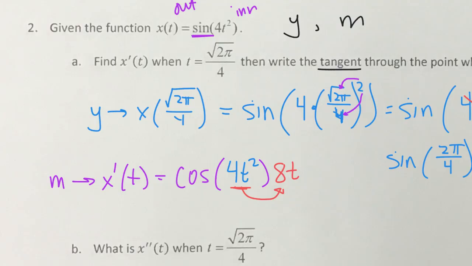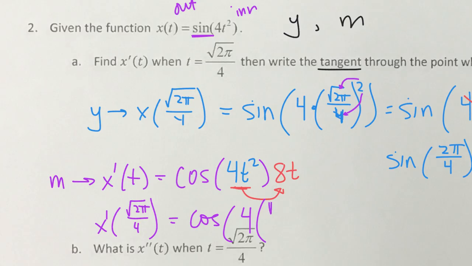Now we're going to once again plug in the square root of 2 pi over 4 into our equation. So the cosine of 4 times the square root of 2 pi over 4 quantity squared, times 8 times the square root of 2 pi over 4.